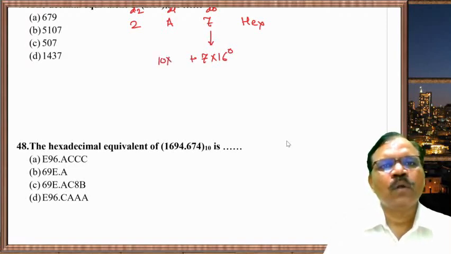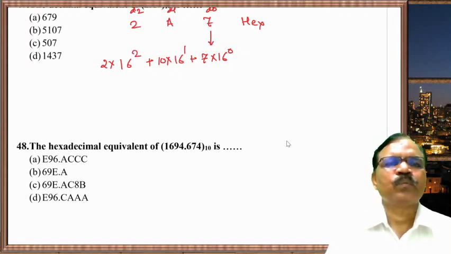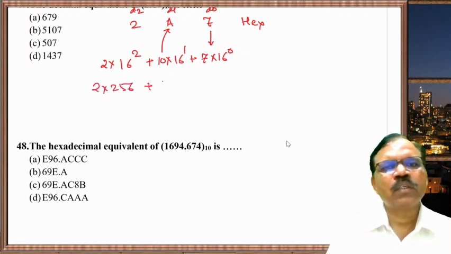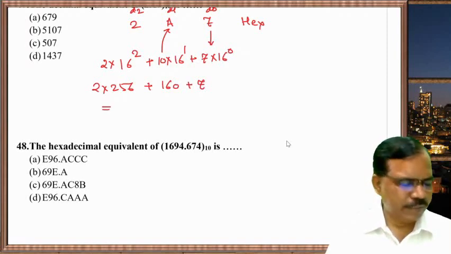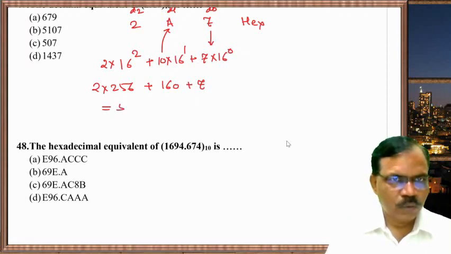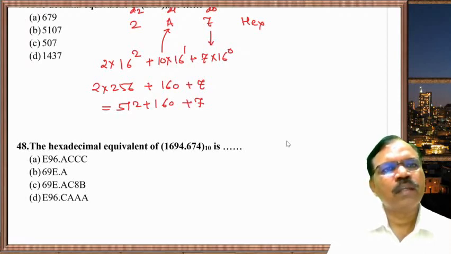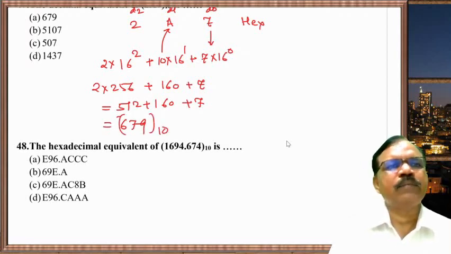So 10 into 16 raised to 1, plus now here 2 into 16 raised to 2. So here you will have 2 into 256, plus you will get 160 plus 7. So here if we calculate this, 2 into 256, you will get 512 plus 160 plus 7. So you will get 679 in decimal 10.